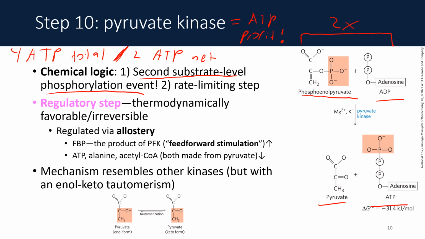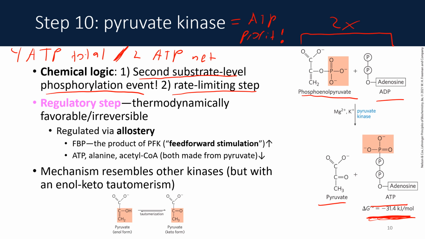We don't make any energy technically until the very end of it. I also want you to pay attention to the reaction delta G of pyruvate kinase. It is the most negative, most exergonic step in the entire sequence, with a free energy of negative 31.4 kilojoules per mole, making it the third rate-limiting step of glycolysis.